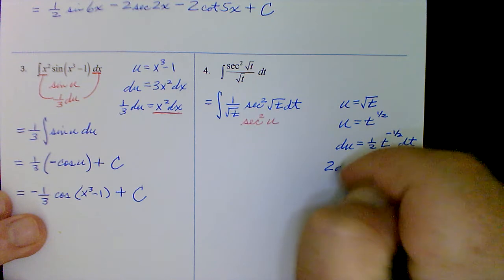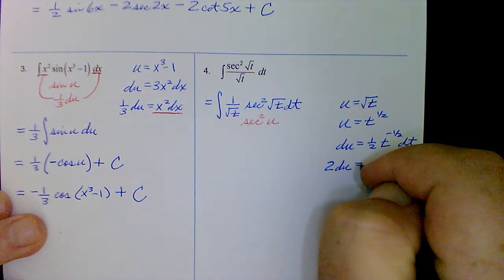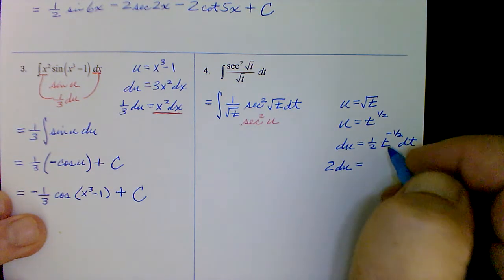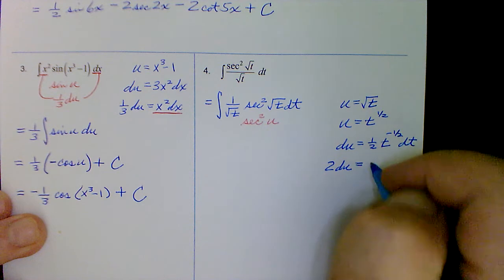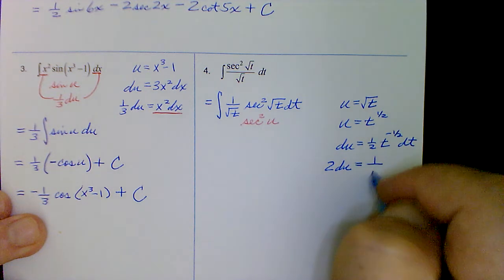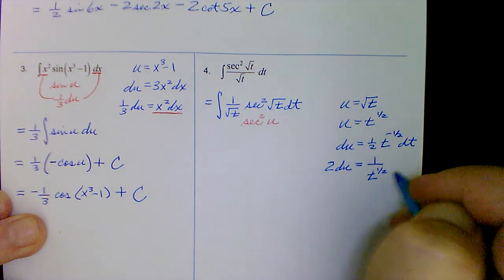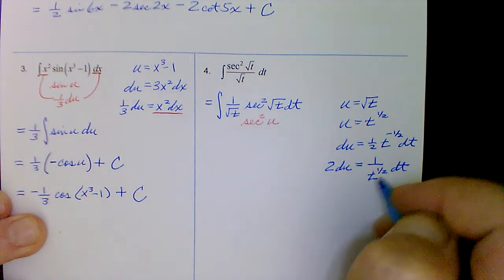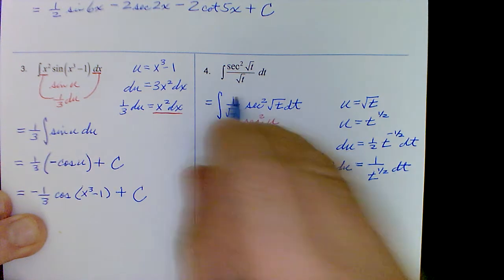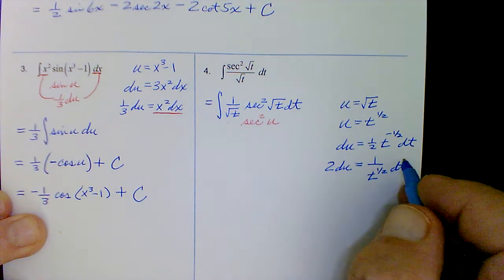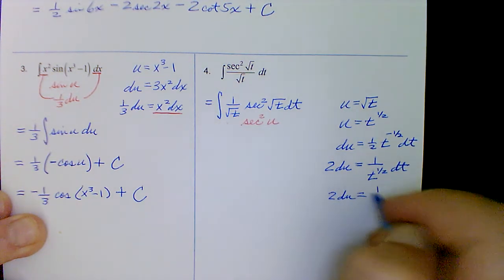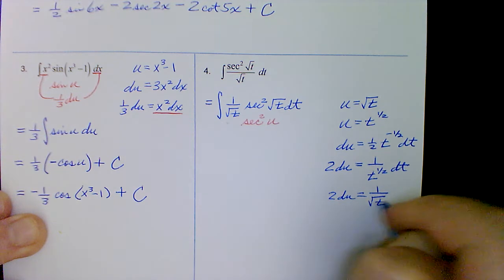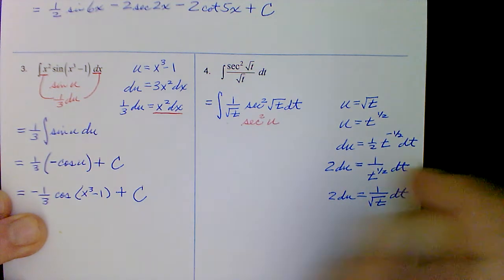So we have that 2 du is, and at the same time we do that, let's get rid of the negative exponent on t to the negative 1/2 and write it as 1 over t to the positive 1/2. And if that's not enough for us to see that what's left over matches, you could even go so far as to rewrite this as 1 over the square root of t with respect to t.